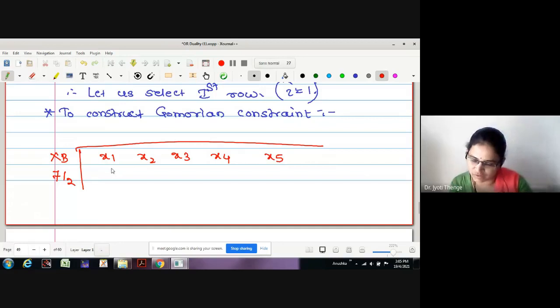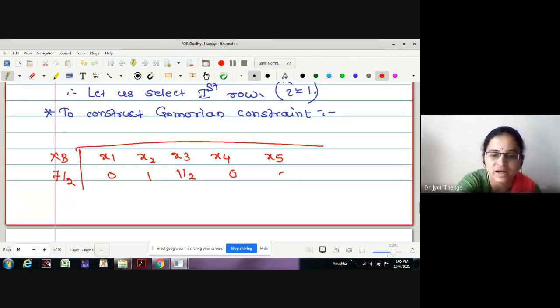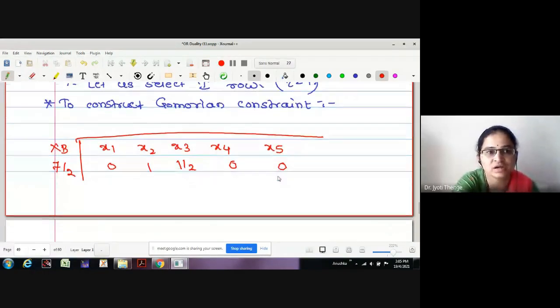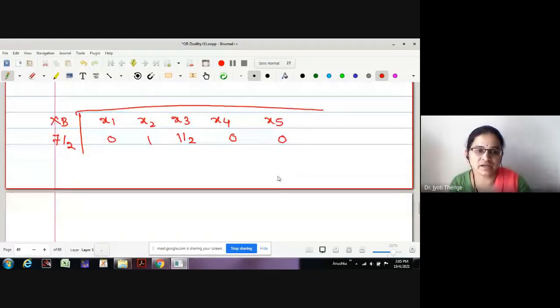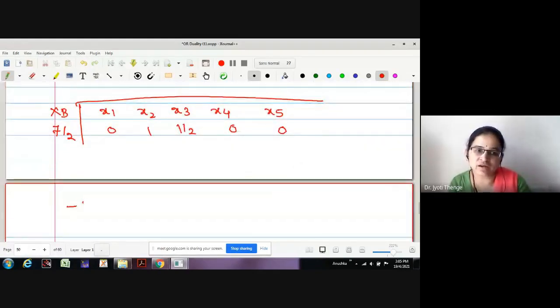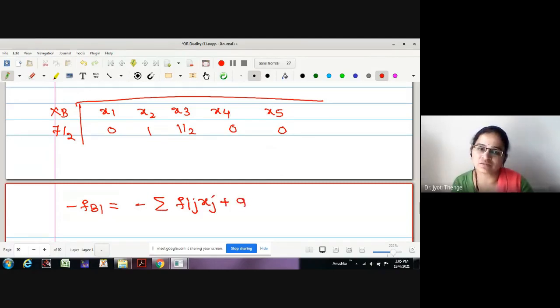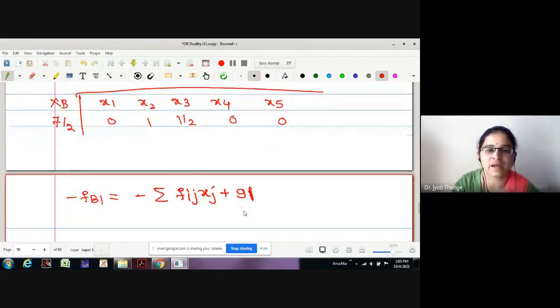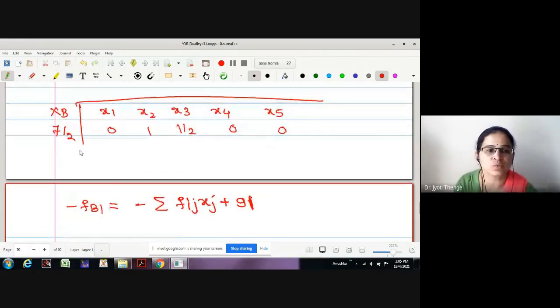The first four entries are 0, 1, 1 by 2, 0 and 0. While writing the Gomory constraint, the equation is minus f_B1 equal to summation over j of f_ij x_j plus g_i. As I have selected i equal to 1, this is 1.